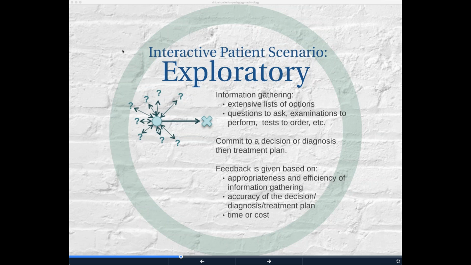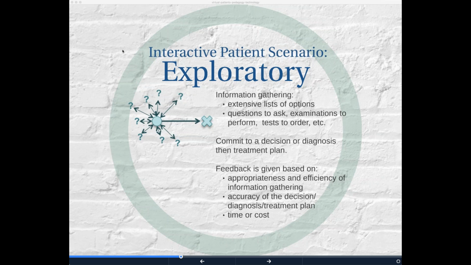One of the challenges of this type of case is presenting all these different options. So often there's extensive menus and submenus to make these choices. Some virtual patient platforms have started to include search boxes so that you can search for a specific question that you want to ask.